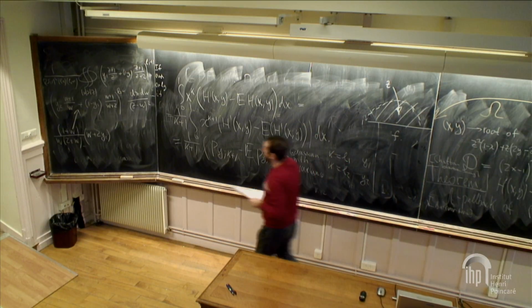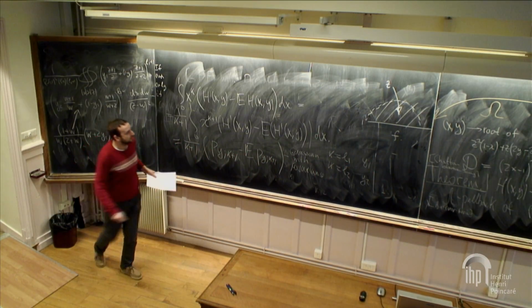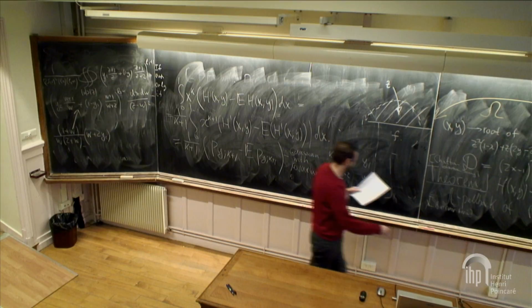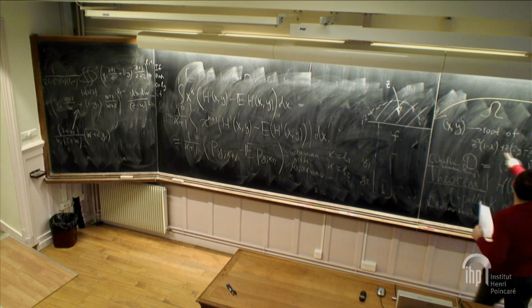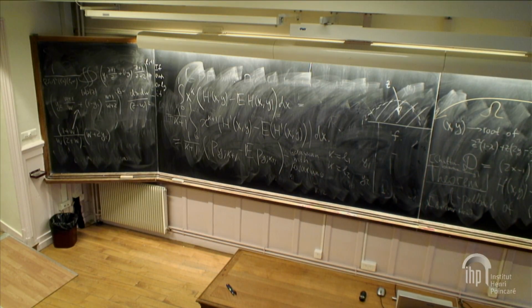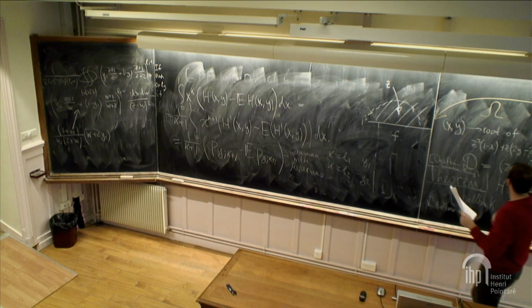Okay, so that is this thing. On the other hand, you can simplify this expression, and you can rewrite it as a formula for x as a function of z.